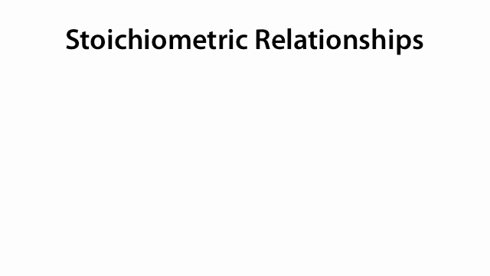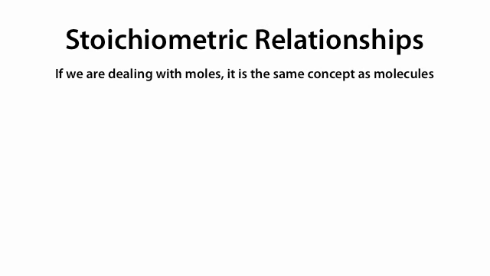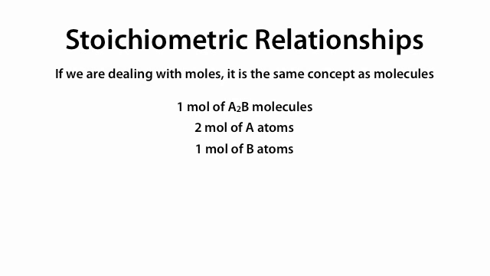Let's change this to moles. If we are dealing with moles, it is the same concept as molecules. If we have 1 mole of A2B molecules, we have 2 moles of A atoms and 1 mole of B atoms, because the subscripts in the molecular formula tell us how many atoms of A per molecule.